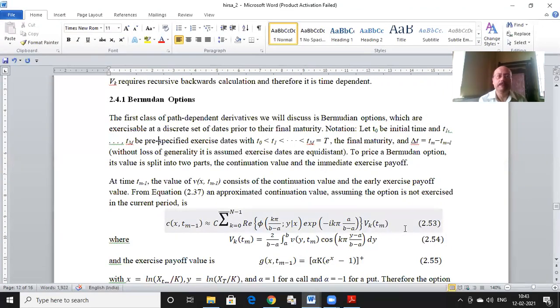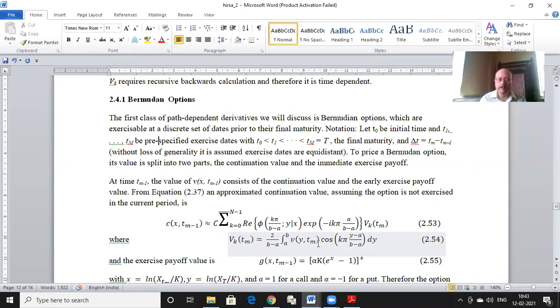What is happening here is the backward induction argument that when I'm solving the valuation problem at time tm minus 1, which is given by this expression here, I am going to use the solution starting from the next period onward. So for the tm minus 1 expression, one of the inputs here is the tm time expression, which is the period just after tm minus 1. And that's how this whole dynamic optimization problem will be solved.